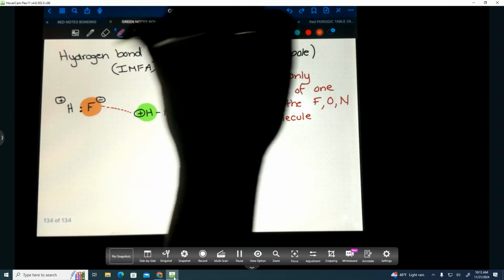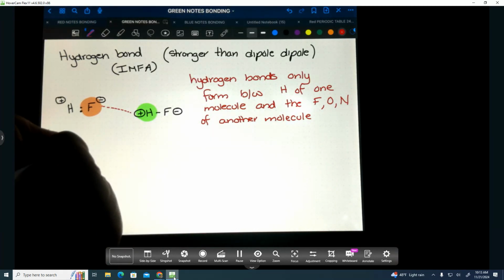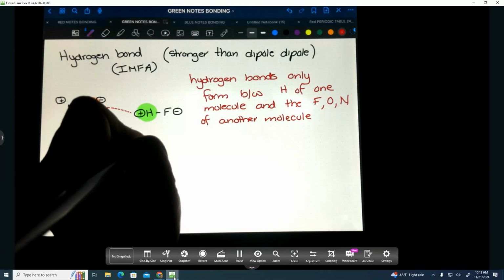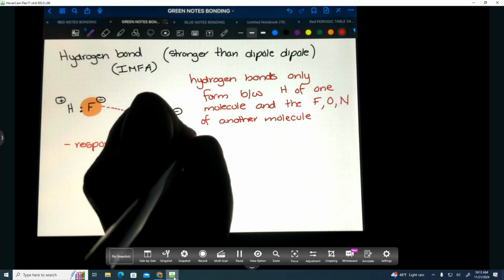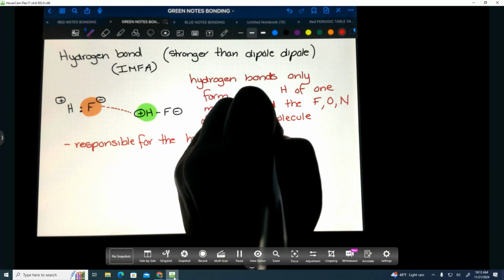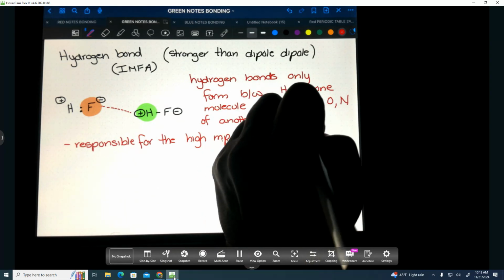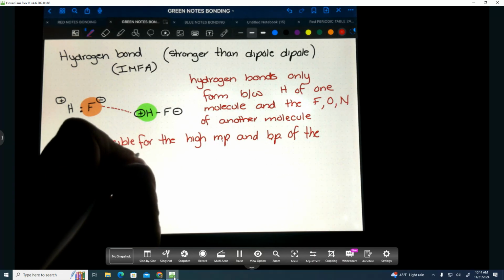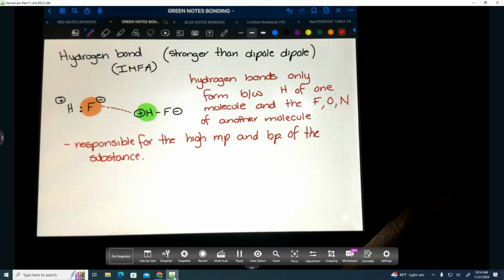Hydrogen bonds are responsible for the high melting point and boiling point of the substance. So HF needs a lot of energy, a lot of heat to get it to boil because it's hugging very tight.